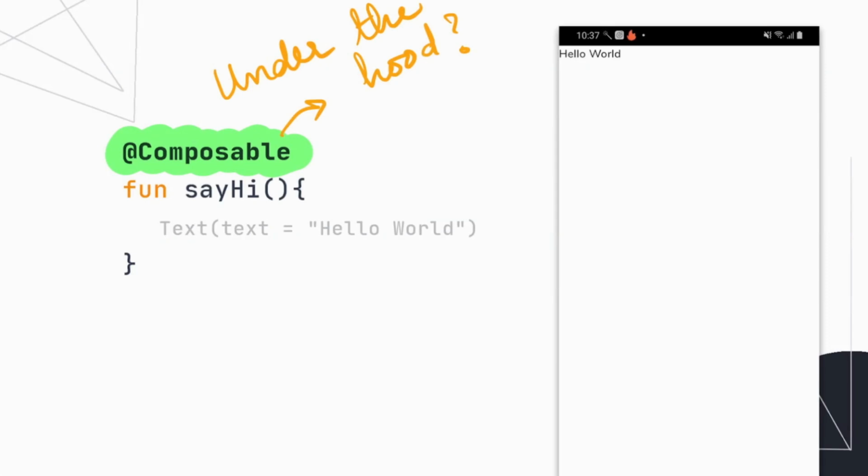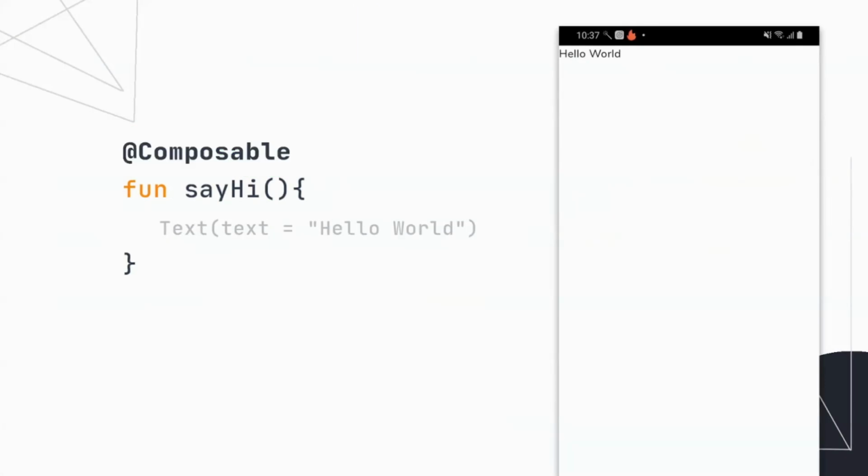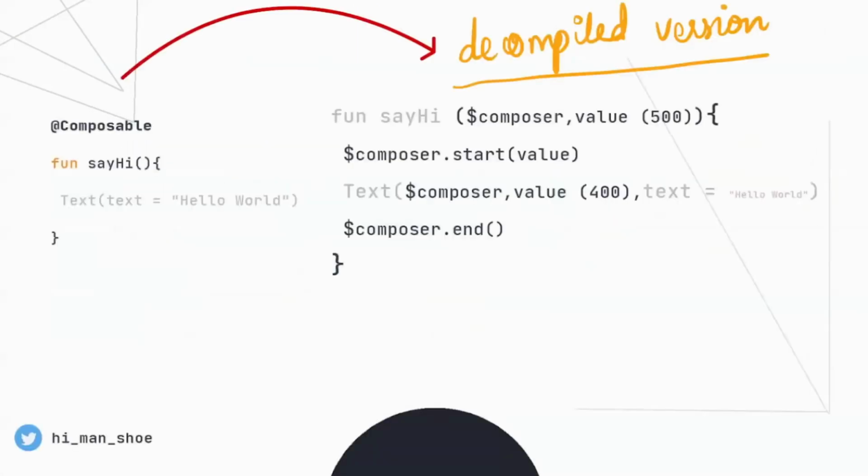Similarly, when we decompile the composable function, the say hi function, you can see say hi now has a composer and a value. Then it starts here. Then for another composable, which is the text here, it again has a composer, then it has a specific value, and then the composer ends, right?